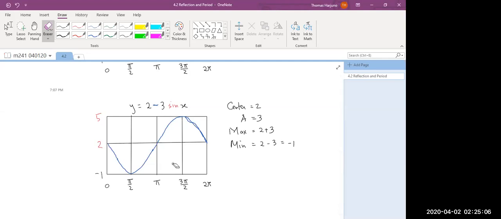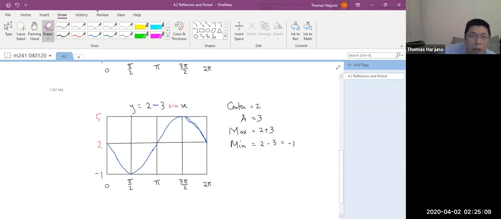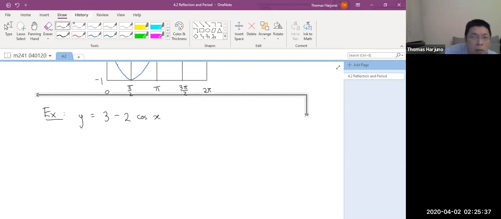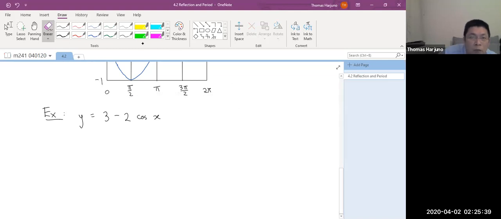Okay, now with that mindset then, let me ask you to try graphing this, get the sketch. For example, let's say y equals 3 minus 2 cosine x. Okay, try to get the information, the center, the amplitude, the maximum, and the minimum first.